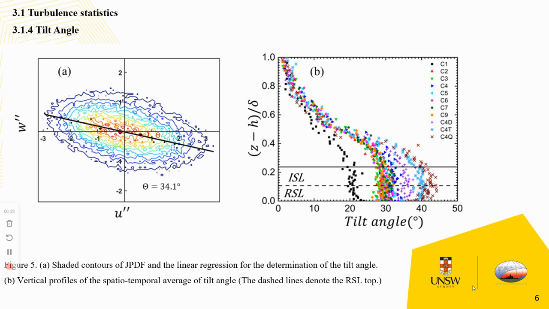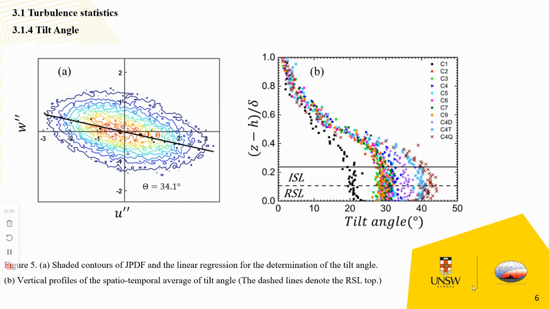We can see that as the drag coefficient increases, the two angle also increases. So it represents that the vertical transport becomes more energetic with the increasing drag coefficient.